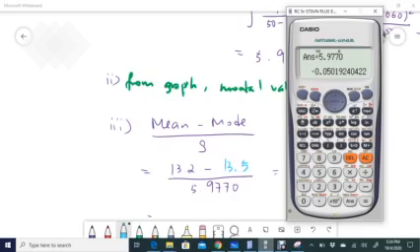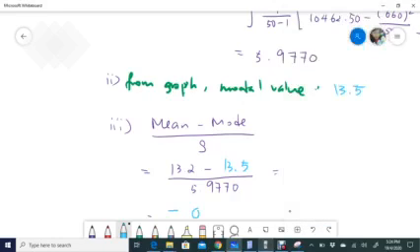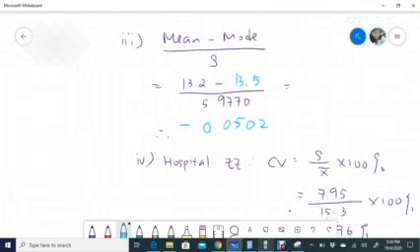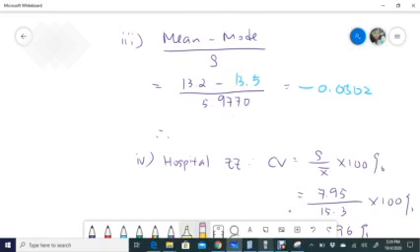What do you have? You have negative 0.0502. What does it mean? The value here is negative. So your conclusion will be negatively skewed. Okay, so that's it for the answer.